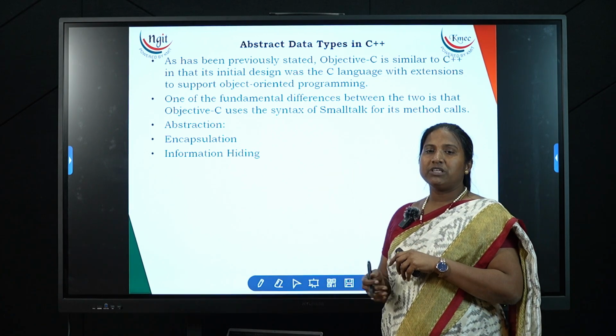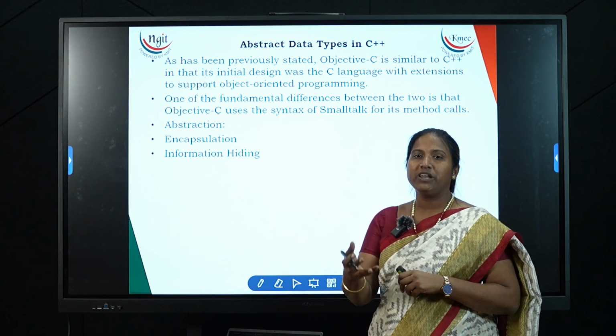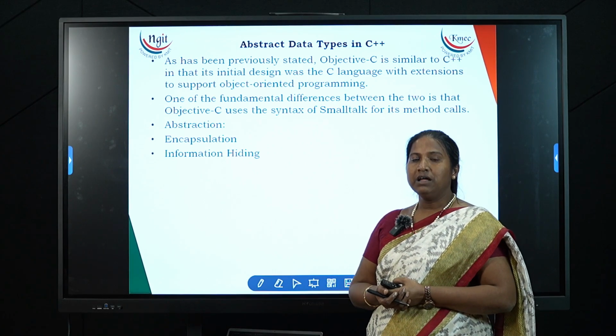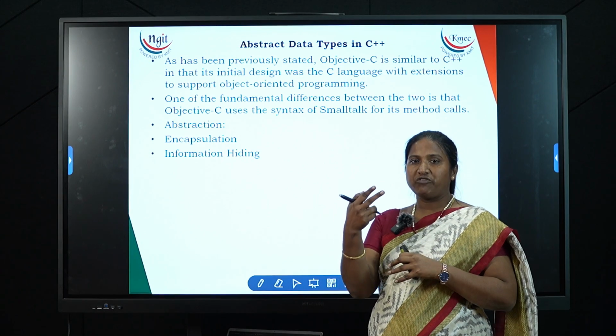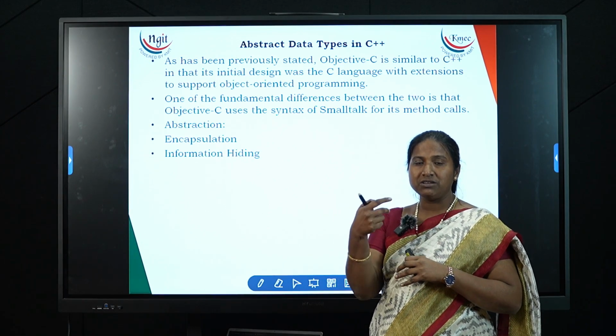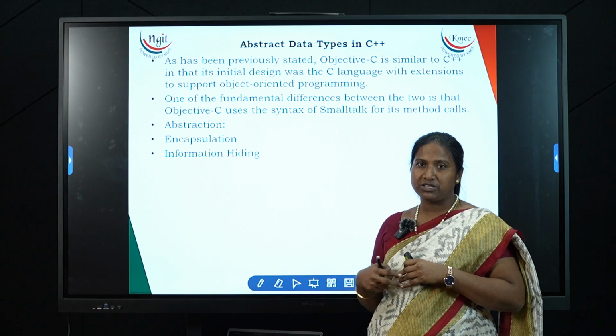Now, coming to abstraction, how it is provided in Objective-C is the same. It is provided with two kinds of parameters, which are encapsulation and information hiding.